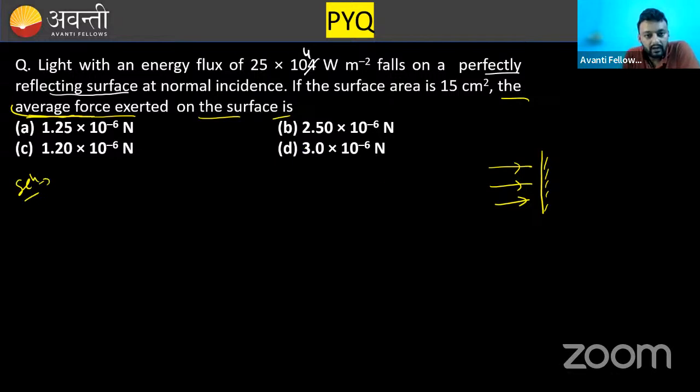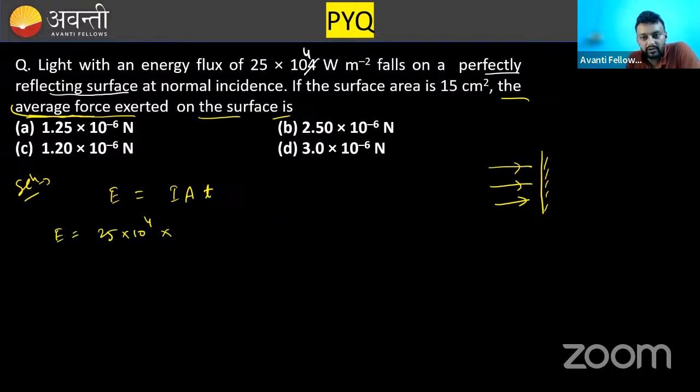Okay. So light is coming. If I say how much energy is coming, I am telling you the average force can be calculated for a 1 second duration. Every second you can say. So energy is I, A, and T. I is given as 25 into 10 raised to the power 4.